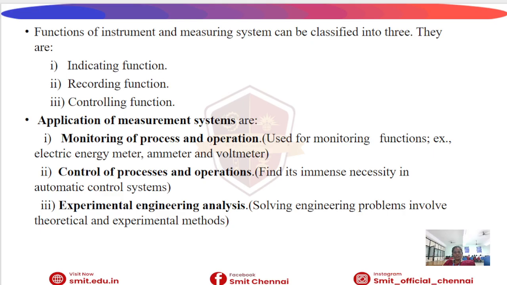Second is the recording function, where the instrument records the variation of the quantity with time, such as a temperature recorder in industries. Third is the controlling function, where the measured quantity is used to control a system automatically. For example, speed control of a motor or temperature control of a furnace.